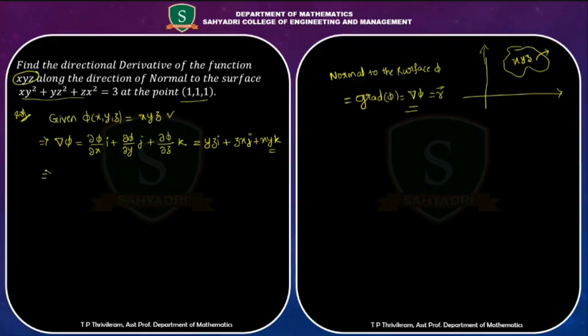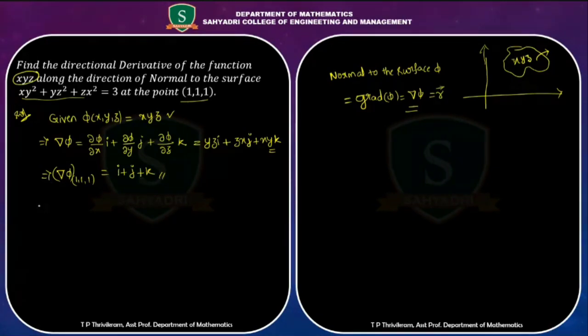So del phi at this point 1, 1, 1, how much you'll get? All are ones. So I'll get i plus j plus k. So del phi, the gradient value, we got it as this much.